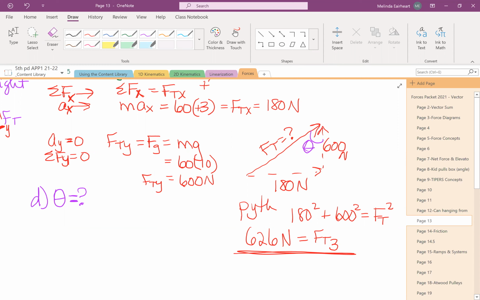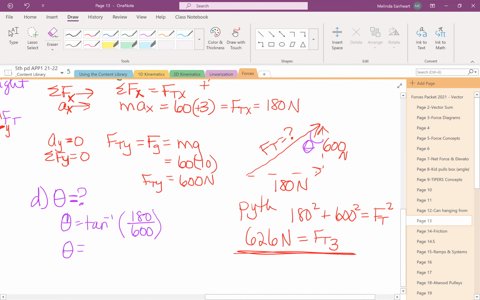What's one way? Pick your favorite. Inverse tan we can do. So theta would equal inverse tan. And based on my picture, again, students don't always draw the picture. I've labeled the angle based on that. Opposite would be 180. And then adjacent to theta would be the 600.